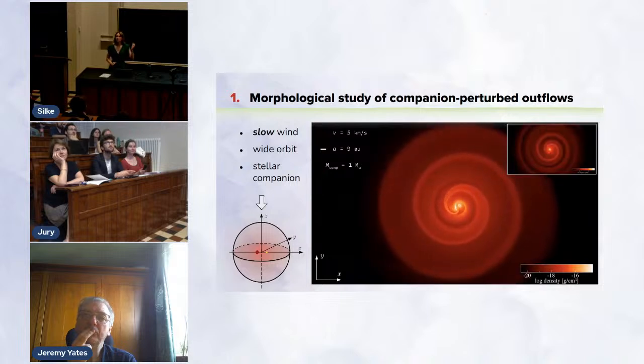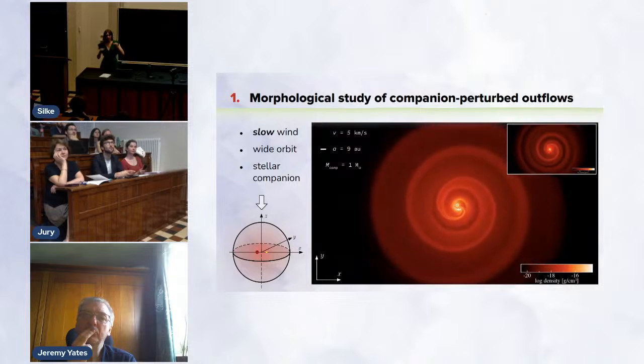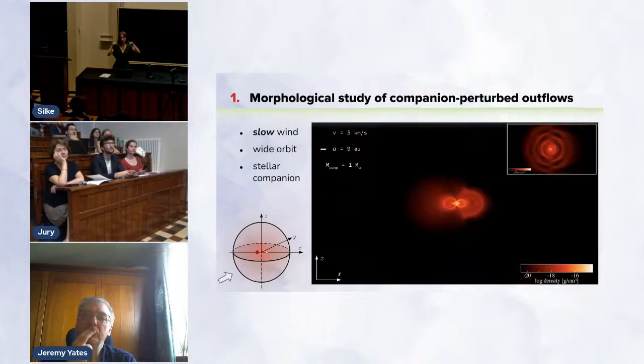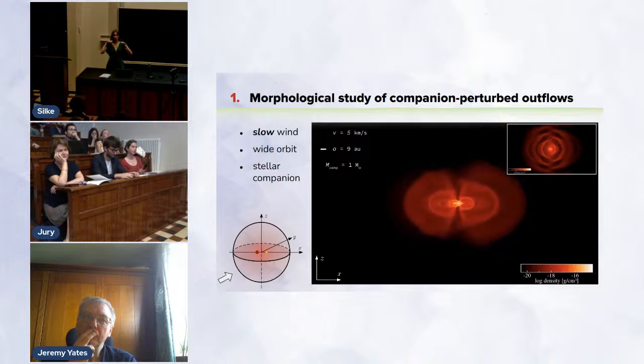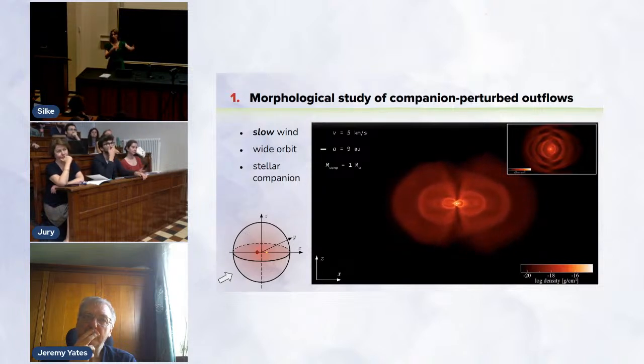So if you remember this model, the interaction was stronger, and especially when we looked at the edge of this model, we saw that the material was much more compressed towards the orbital plane. And I think the study where they included radiation even saw that this effect was enhanced, because then there's more material present in a certain range. So if the star shines, it's harder for the radiation to go through this material if it's more.